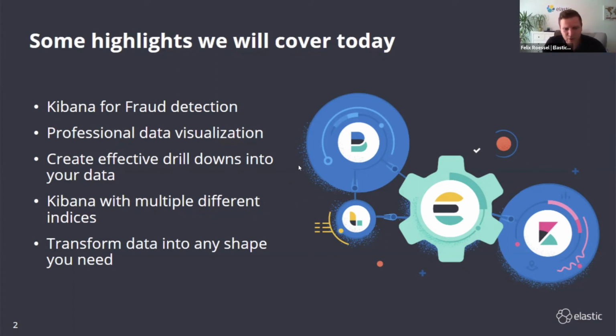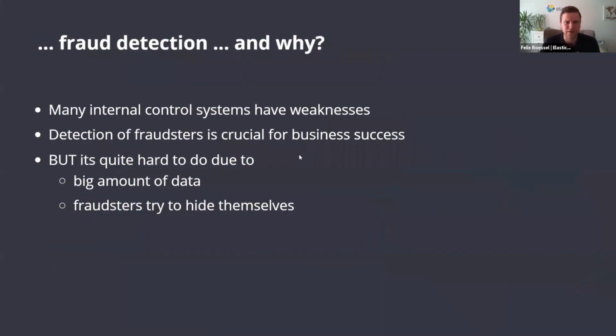And of course we will also have a look into different machine learning techniques and different visualization techniques in Kibana. We will use many different machine learning jobs and also graph visualizations in Kibana. So a lot of different things we will cover today, from a Kibana perspective, but also from the use case perspective, which is the fraud detection.